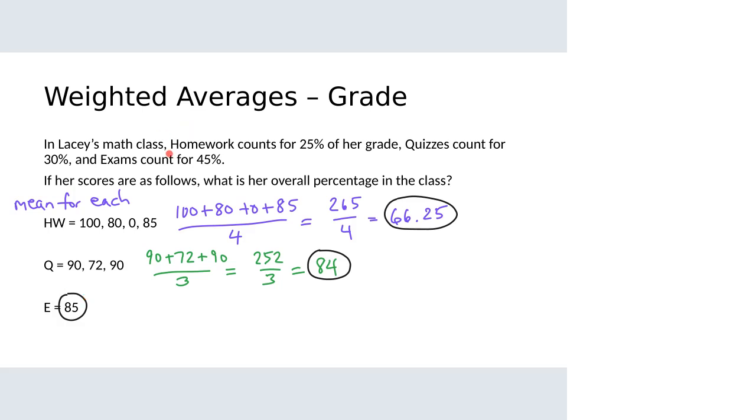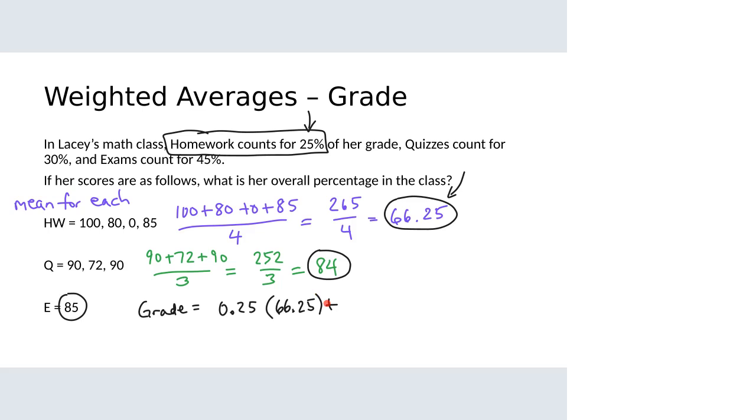We're told that homework counts for 25% of her grade. So when we go to calculate her grade here, we're going to take that 25% and turn it into a decimal, 0.25, and multiply it by her mean score for homework. We'll add that to the same thing for the others.